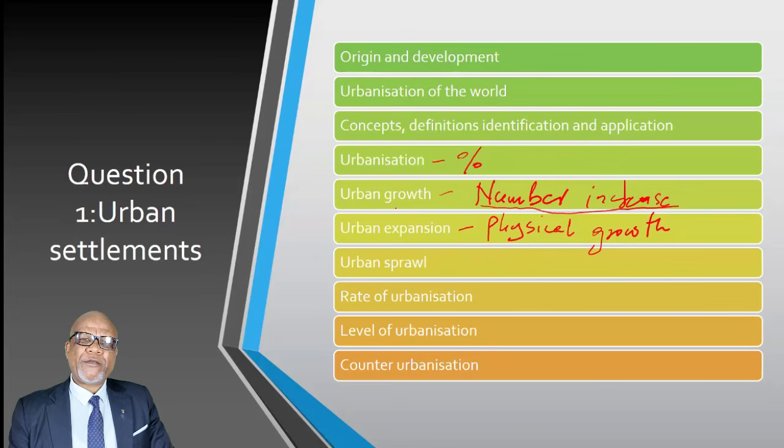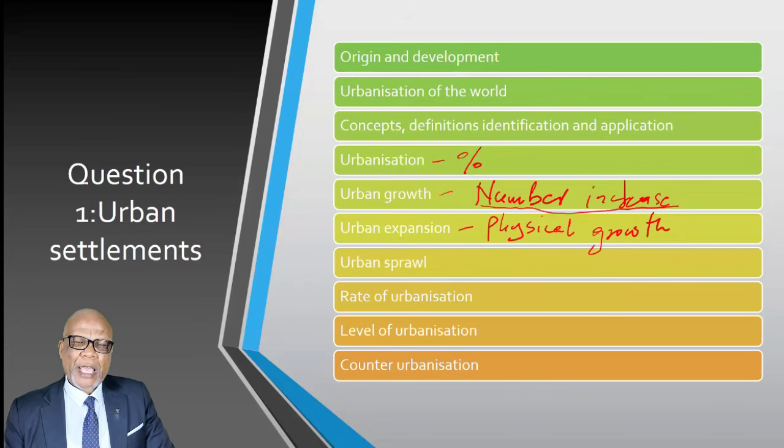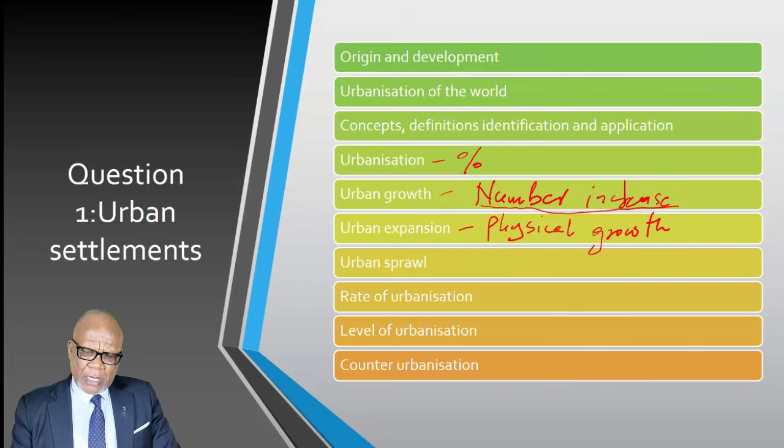We are going to need more schools, more houses, more shops, more industries. As we build more infrastructure, that is what we call urban expansion. It is a physical growth of the urban area. And urban growth is the increase in number.